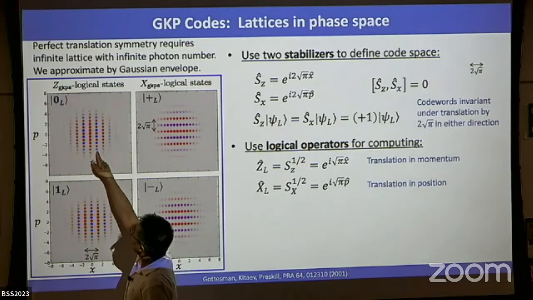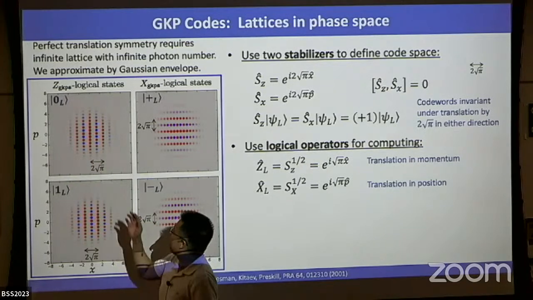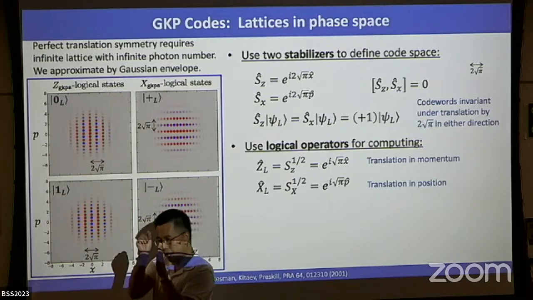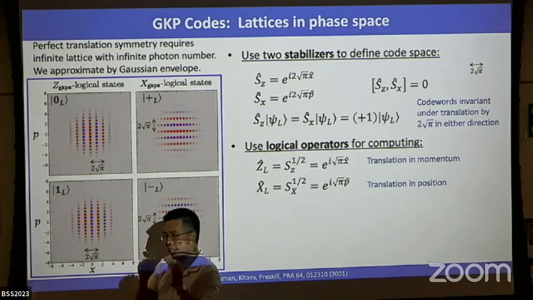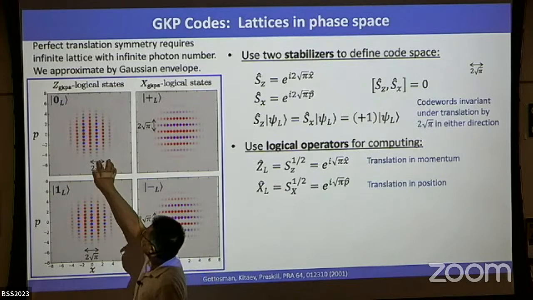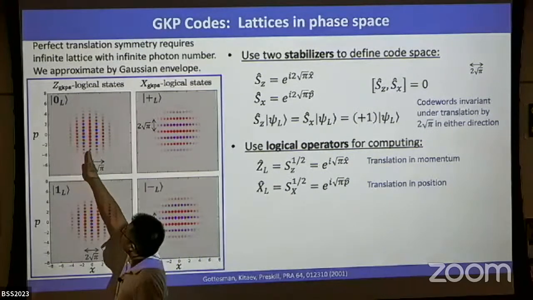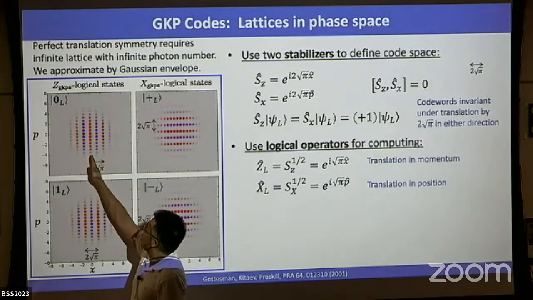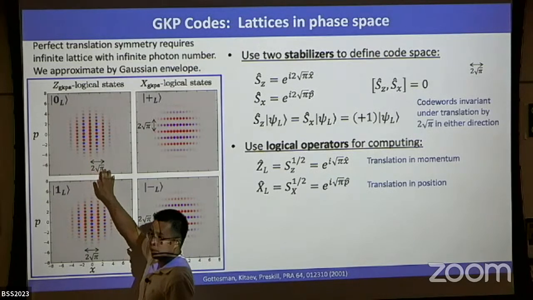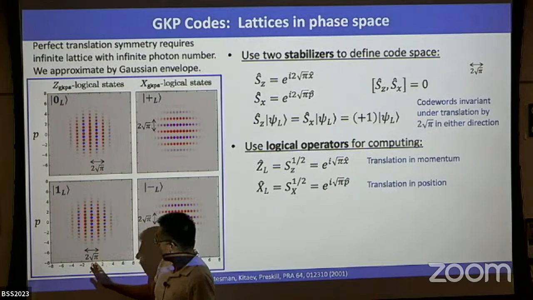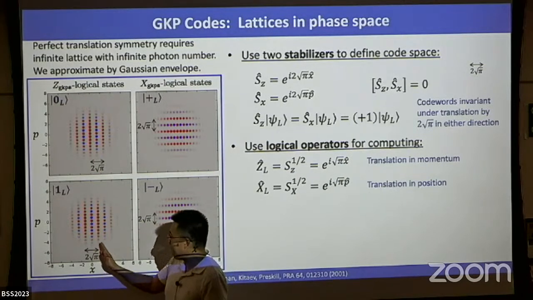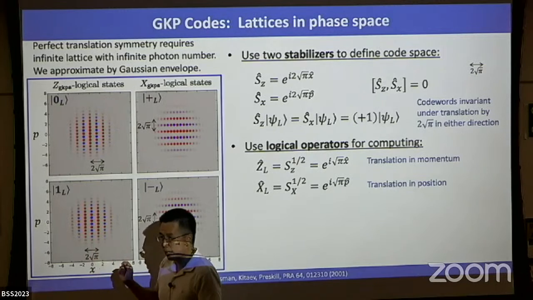And here you see the alternating red and blue dots, which is actually because of interference. Suppose you have two squeezed vacua, you actually have fringes similar to the cat fringes. So this corresponds to a superposition of infinitely squeezed states at integer multiples of 2 times root pi. And for logical 1, it's a superposition of infinitely squeezed states at odd integer multiples of root pi.